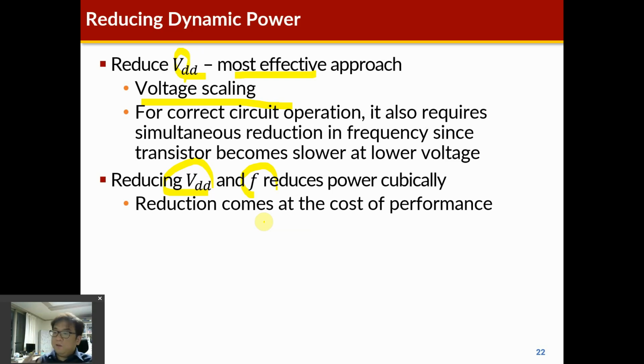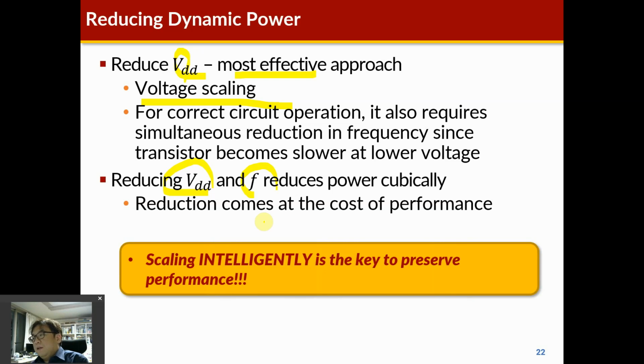This is called DVFS. It's also an important technology in the modern computer system. So scaling intelligently is very important. It's the key to preserve performance in modern processors.